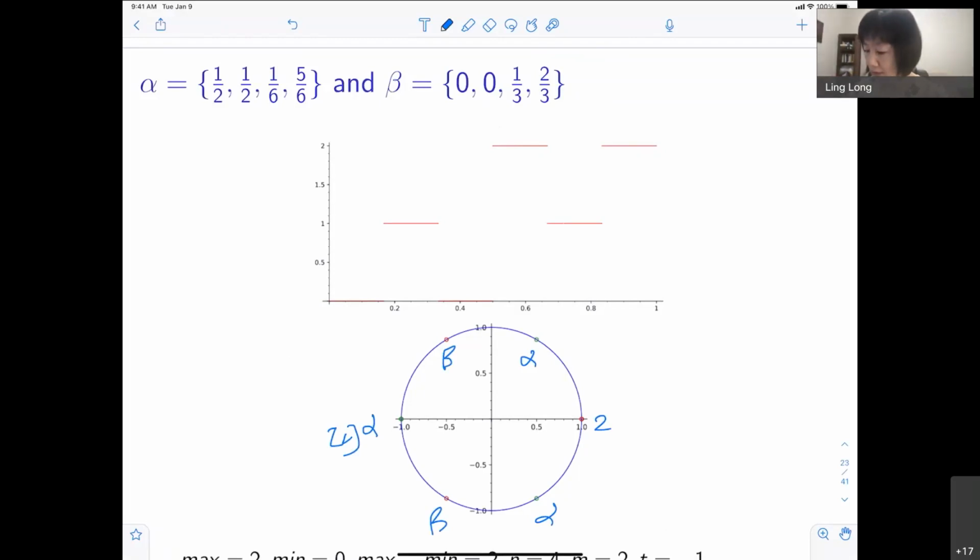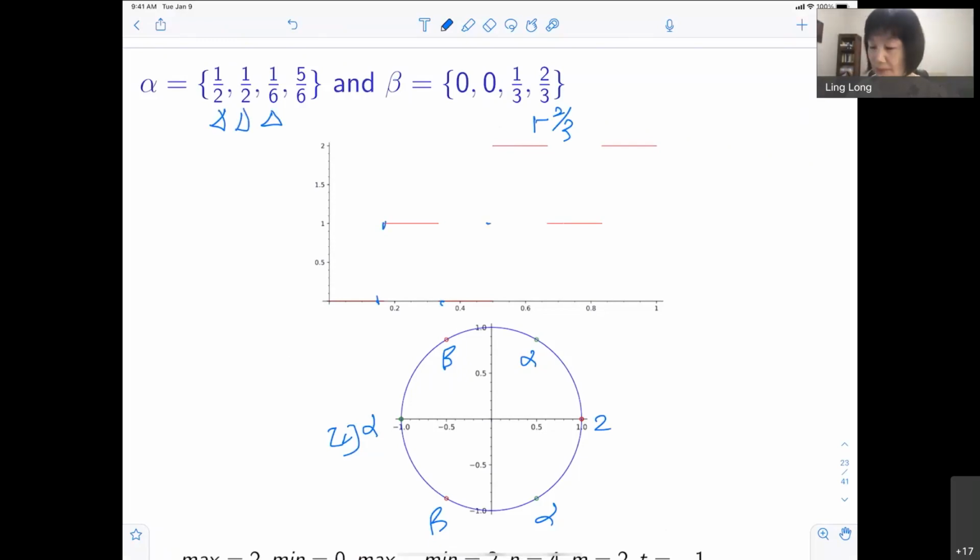So start from 0, it will first jump up at 1/6. So at 1/6, it has the first jump. And then when I get to 1 minus 2/3, I have the first down. And then I jump up because I hit 1/2 and 1/2.